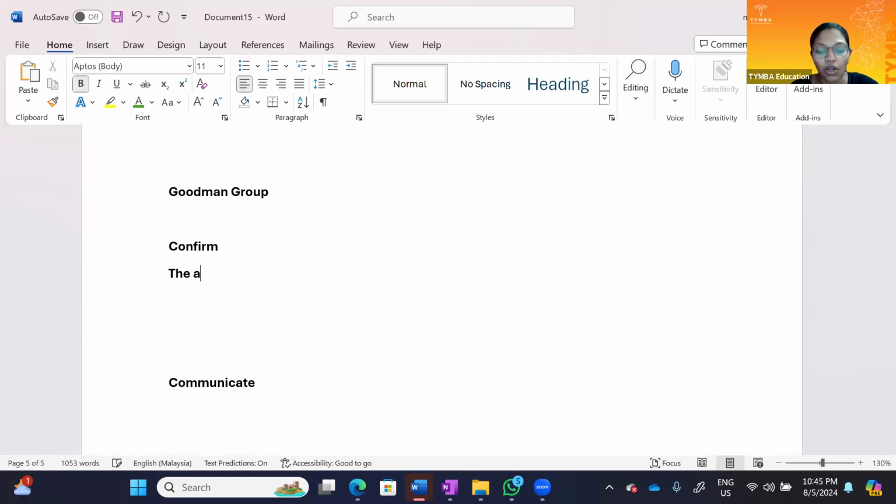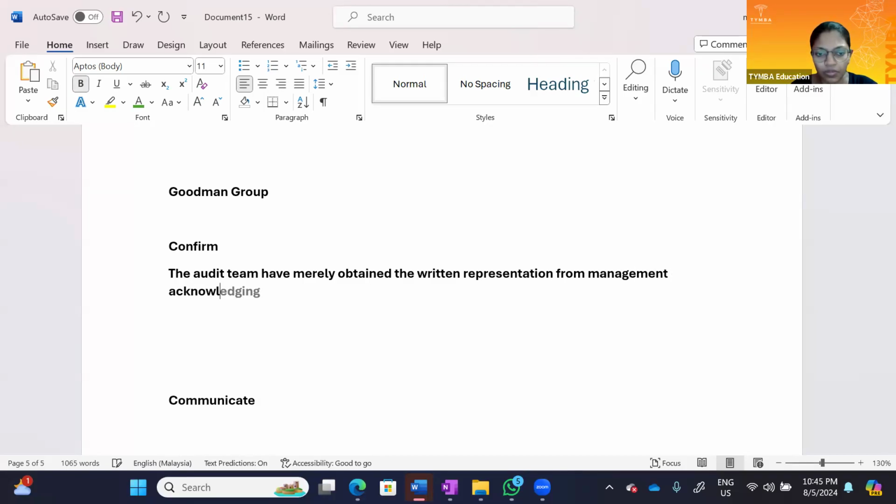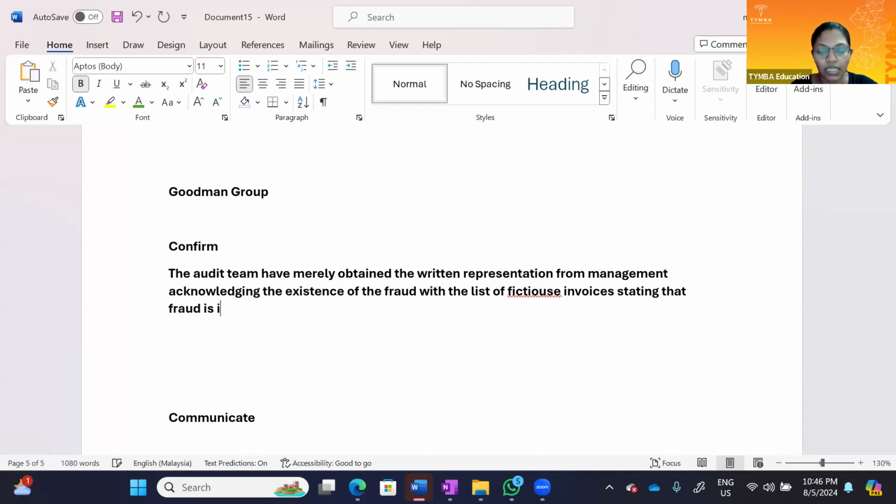Now, the audit team have merely obtained the written representation from management acknowledging the existence of the fraud, with the list of fictitious invoices, stating that the fraud is immaterial.